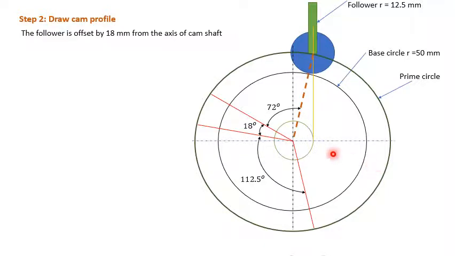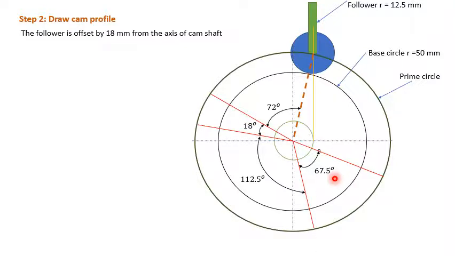The acceleration period is 112.5 degree, whereas the retardation period is 67.5 degree. So the total angle is 180 degree.